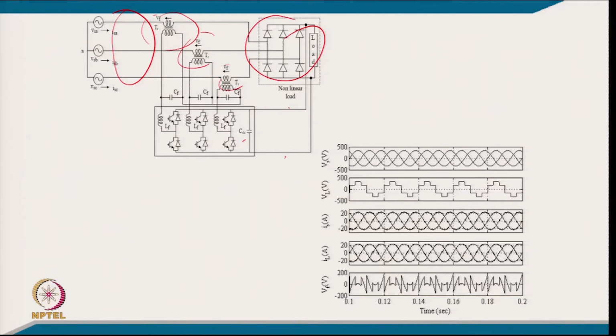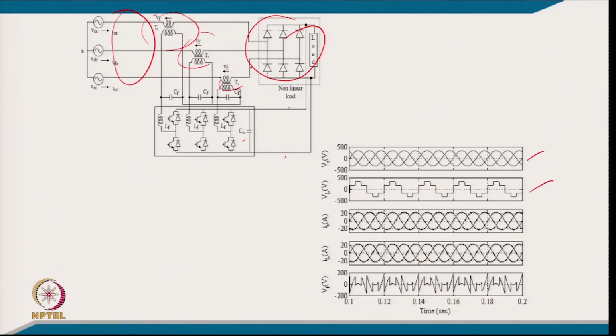After making the complete design and model with the data given in the problem, the waveforms are simulated. These are the simulated waveforms: the 3-phase supply voltage which is balanced sinusoidal, and the voltage at the input of the diode rectifier, where because of the conduction of all 3 phases the per phase voltage is reflected.